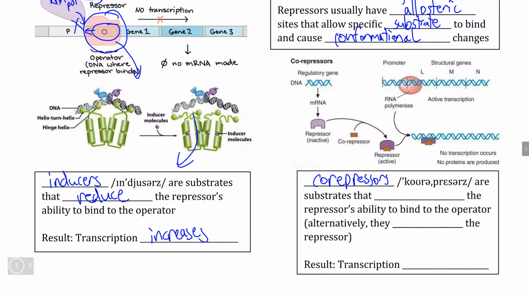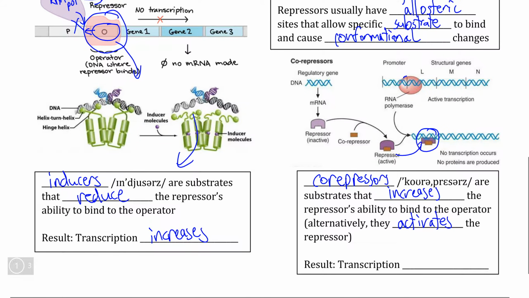So co-repressors actually increase the repressor's ability to bind to the operator sequence, or specifically, they cause a conformational change that activates the blocking ability of the repressor and therefore make it more likely that the repressor is going to be able to bind to the operator sequence, resulting in a decrease of transcription, because if the operator is blocked by the repressor, RNA polymerase has a much less likely chance to be able to get at the operon genes and begin the process of transcription.